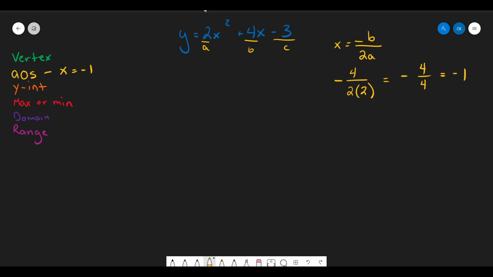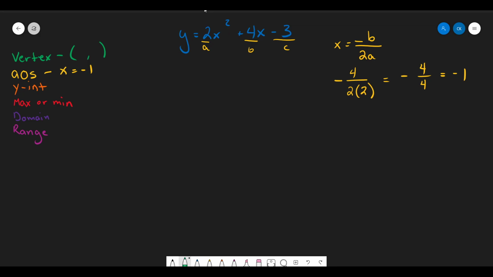Now, once we have the axis of symmetry, excuse me, the next easiest thing to find is going to be the vertex. Because if you remember correctly, the vertex falls on the axis of symmetry, meaning that x value of negative 1, that's the x value of the vertex. The vertex will always be a point, an x comma y.